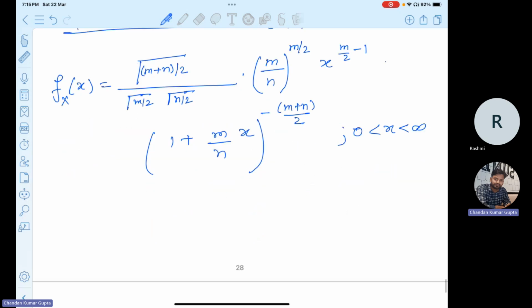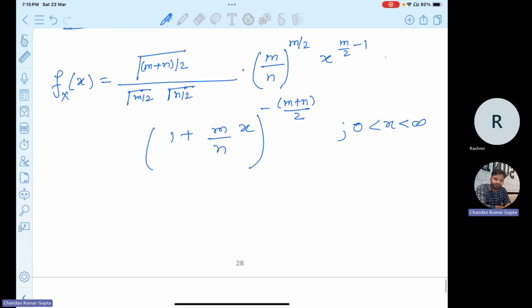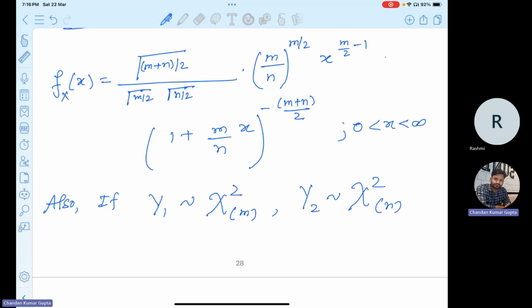We can also define the f variate. Suppose y1 is a random variable which follows chi-square distribution with m degree of freedom, and y2 is a random variable which again follows chi-square distribution with n degree of freedom.